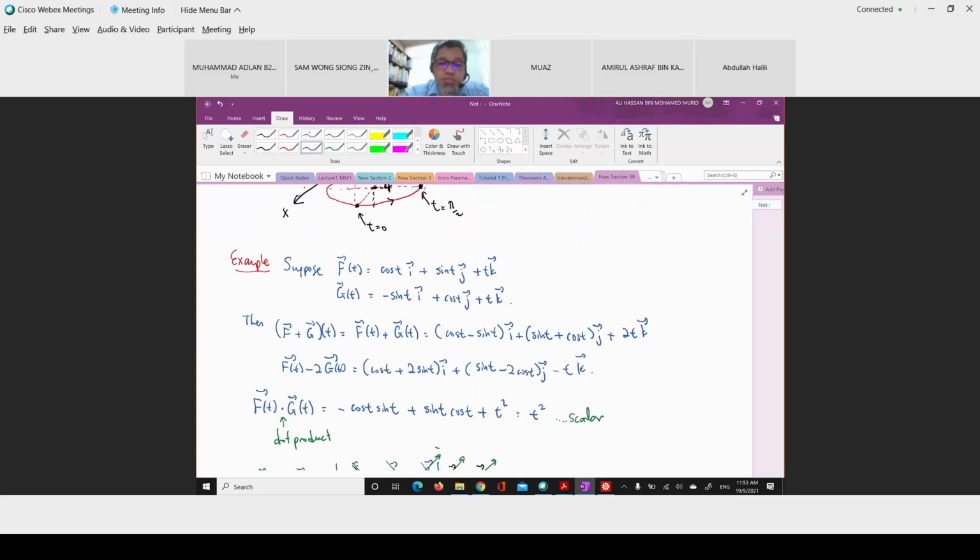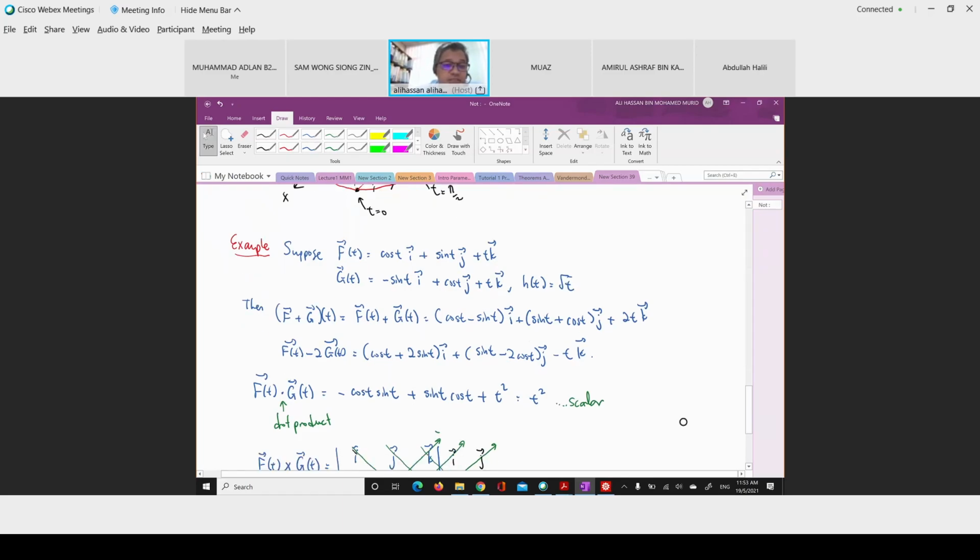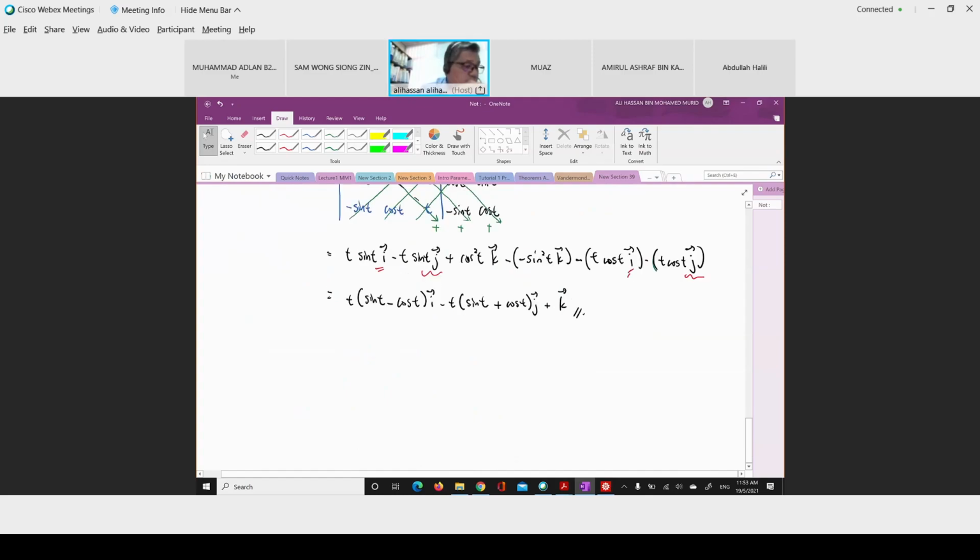And suppose there is also another function, a scalar function, a real valued function, h of t equal to square root t. So we can also form a composite function, for example, f of h of t, where h of t is square root t. So in the vector function f of t, we replace t by square root t.